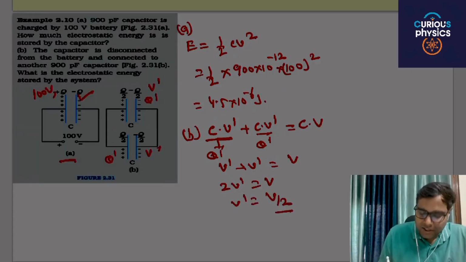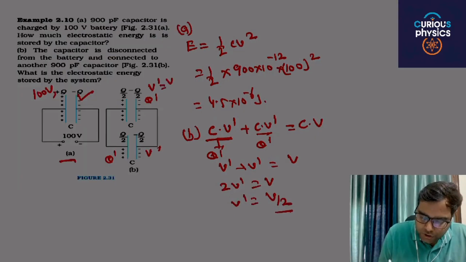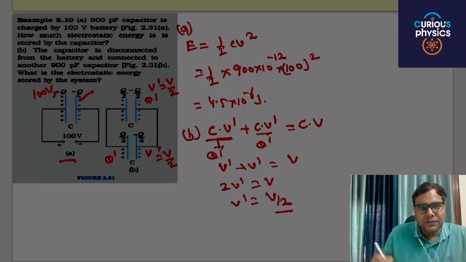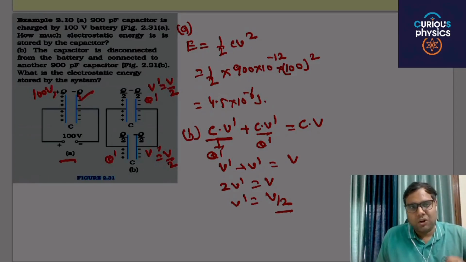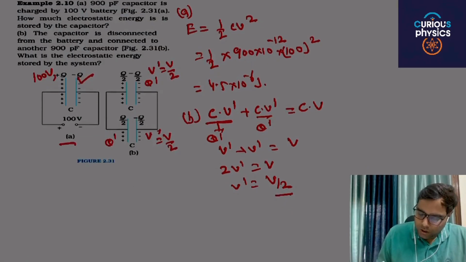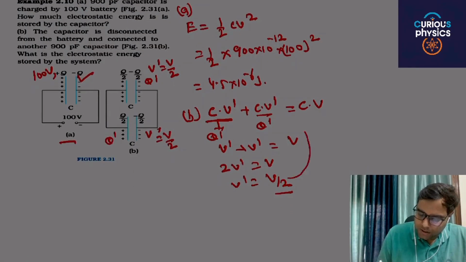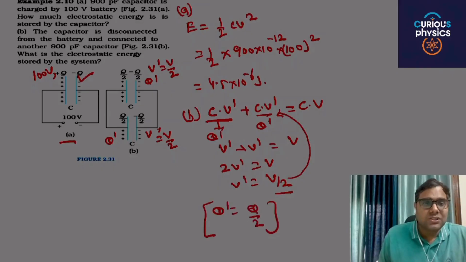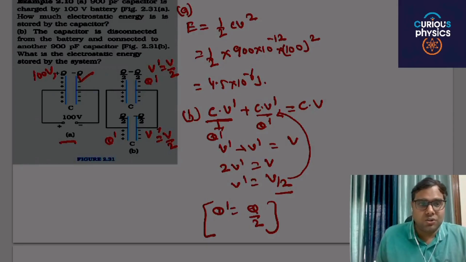Then V dash, the potential across in the new position, will be V by 2. And if the potential is V by 2, then the charge will also be Q by 2. If you put this value here, you will get Q dash is equal to Q by 2. The charge stored in this condition will be Q by 2.